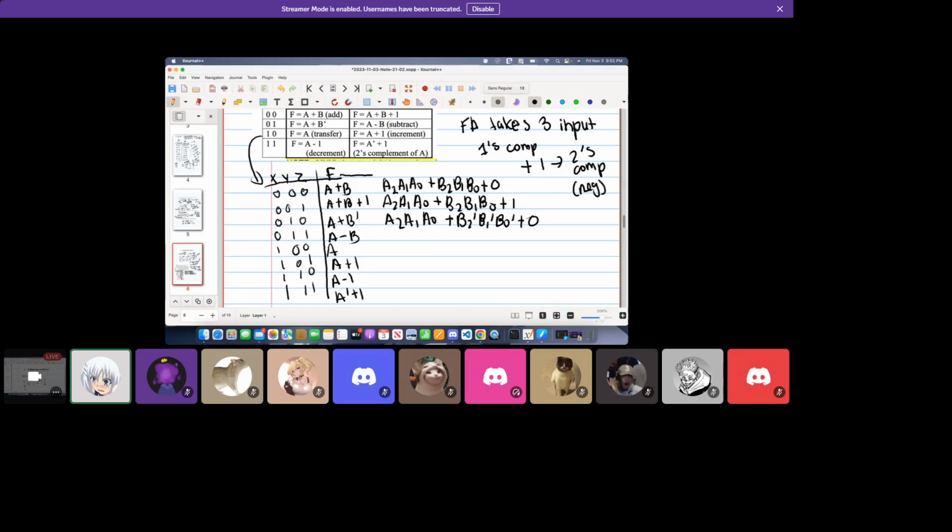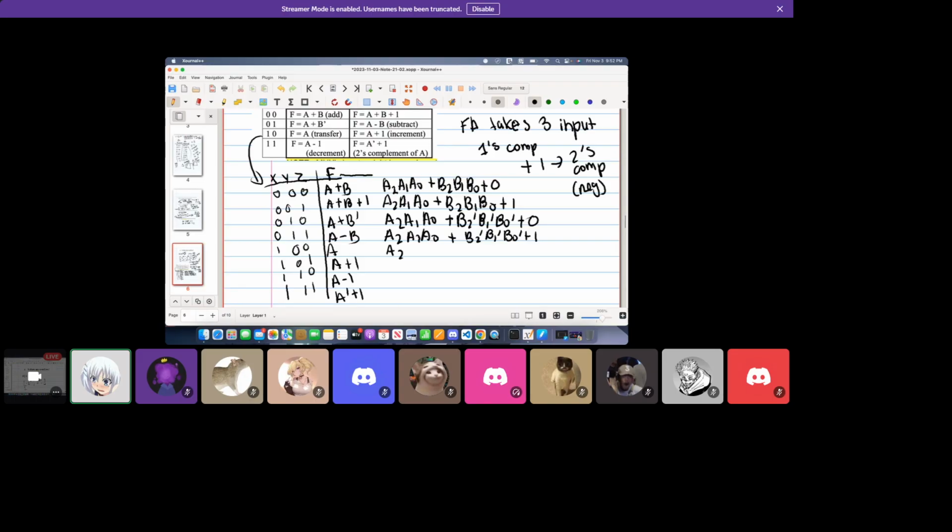So whenever you have a minus B minus 1, you always want to try to take the 2's complement because that's how you subtract. So A2, A1, A0. That's why we do the prime on the B's and we add the 1 at the end. Therefore, this turns it to negative B.